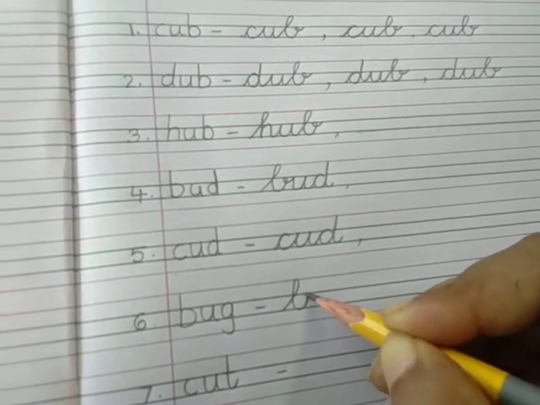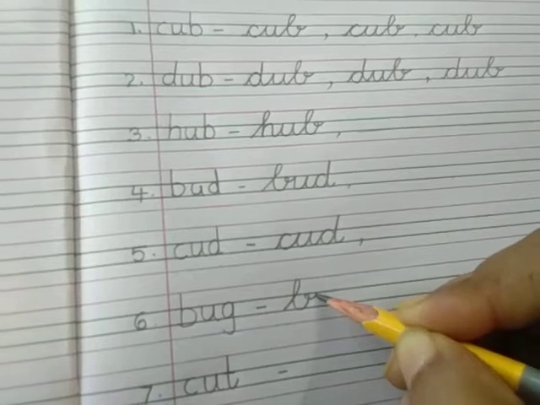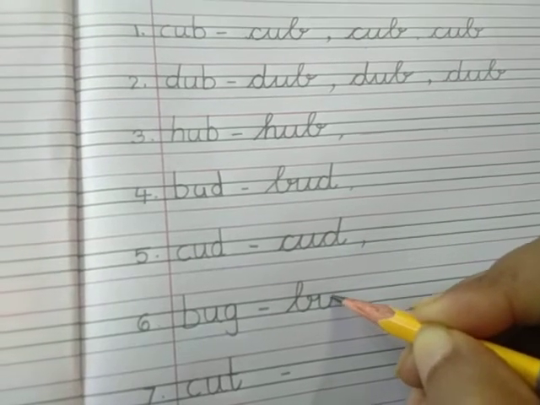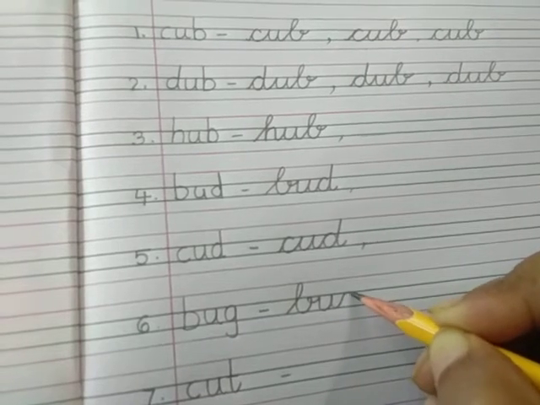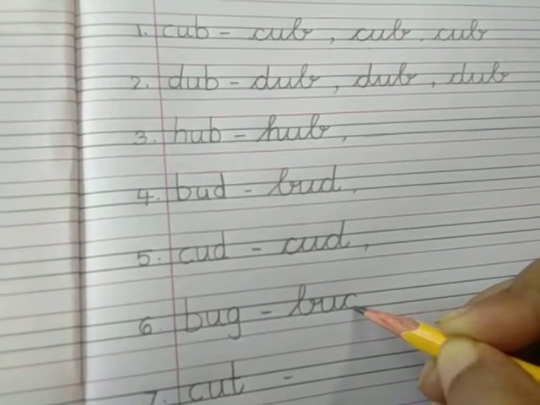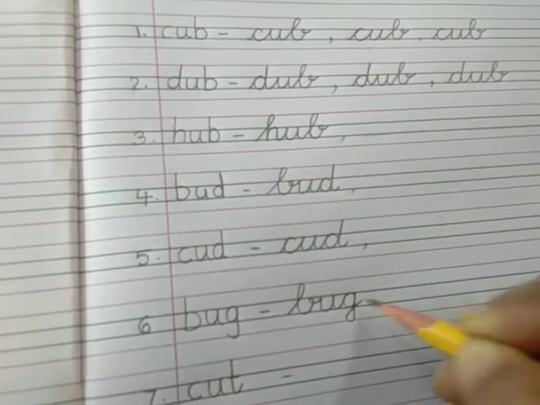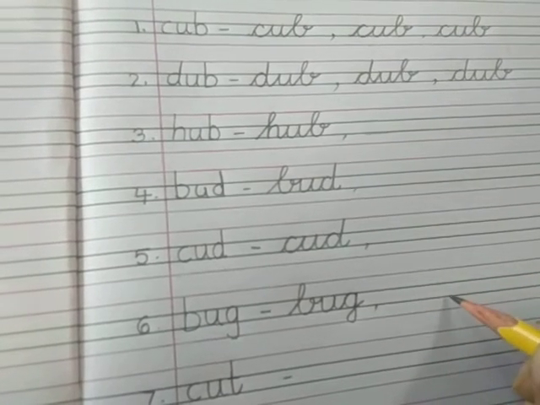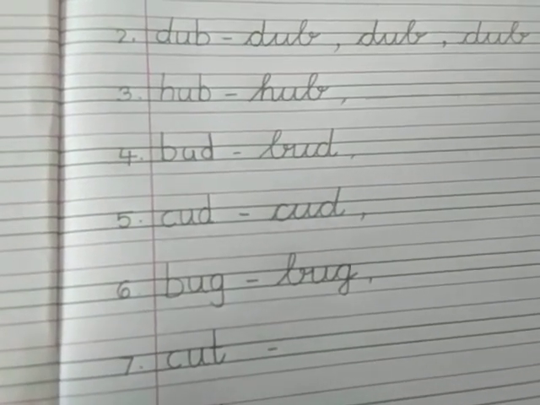B, then B completed. Then you have to write U, then G. Bug, 2 more times. Then the next word is C-U-T.